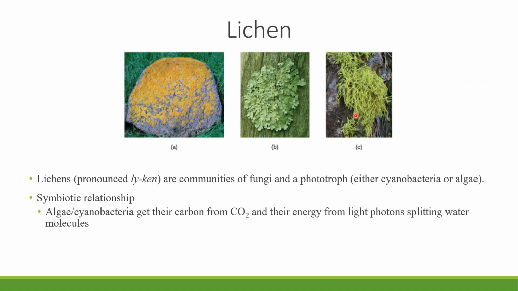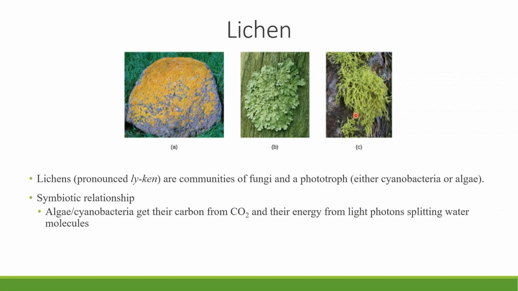And the way this symbiotic relationship works, remember this is a positive for both groups there, is that the algae or cyanobacteria, the photoautotroph portion, are the source of organic carbon and energy. So they're going to take those light photons of split water and harvest energy and make ATP from it.